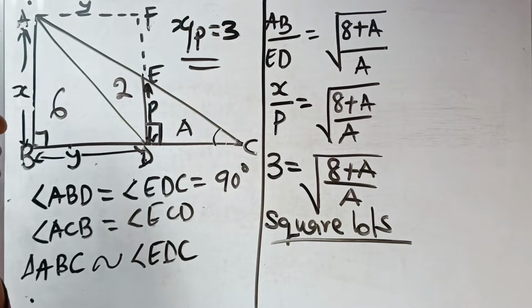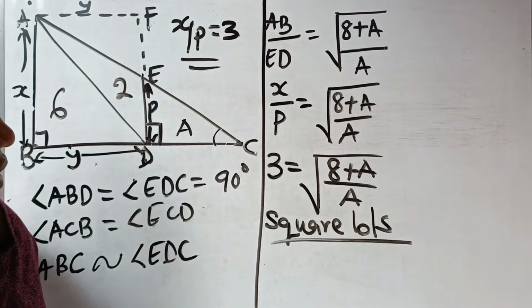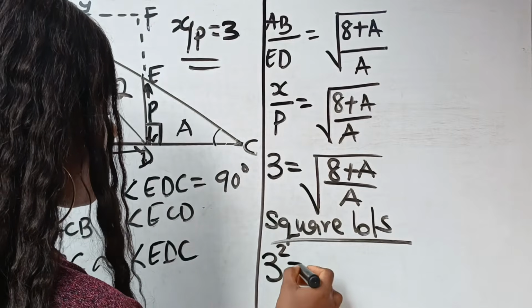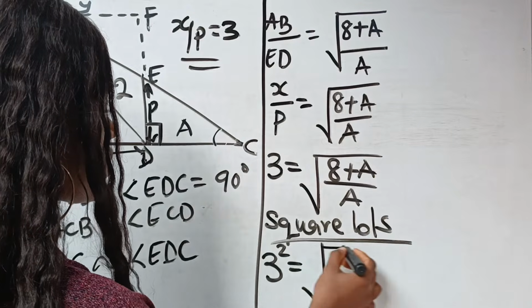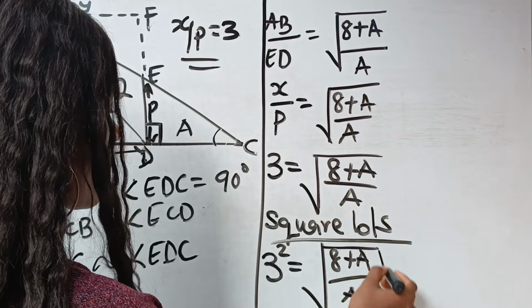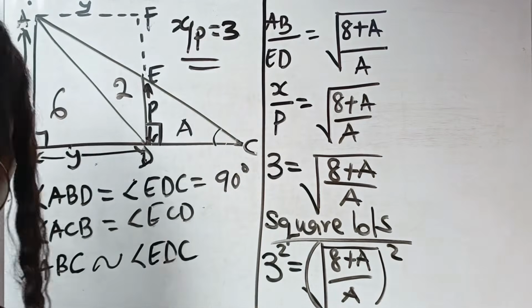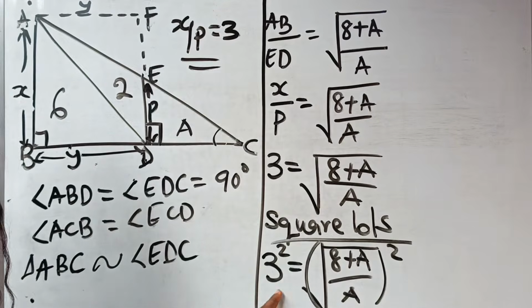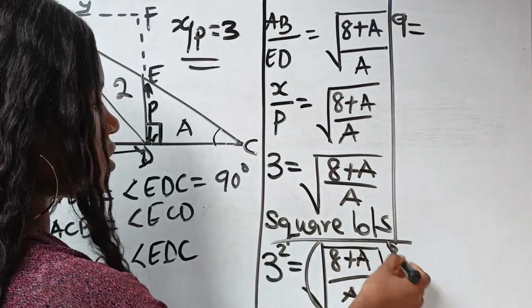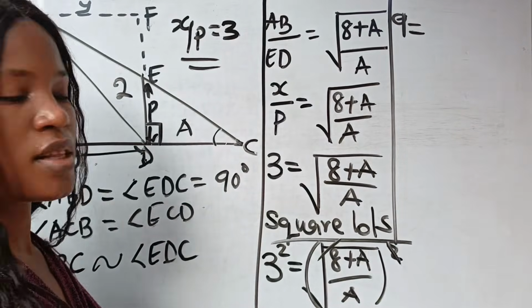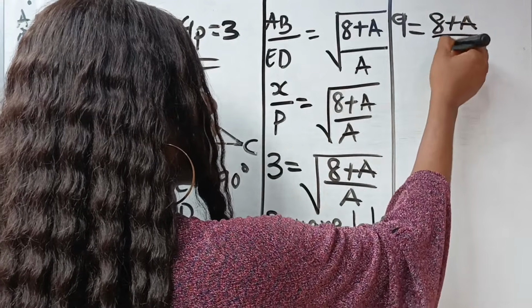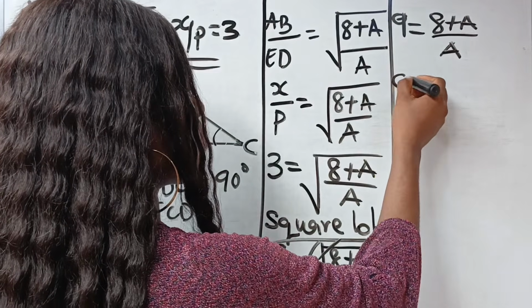We have 3 squared equal to 8 plus A over A. 3 squared is 9, so 9 is equal to 8 plus A over A.